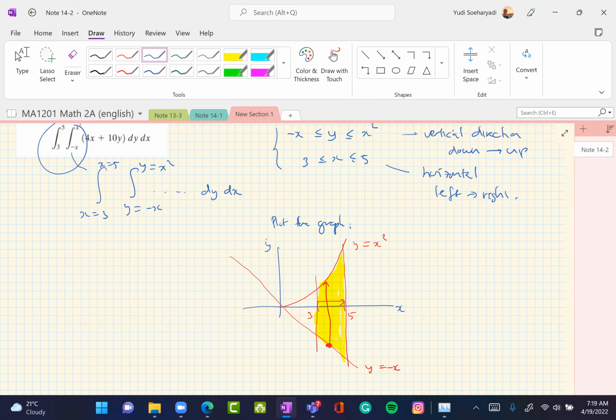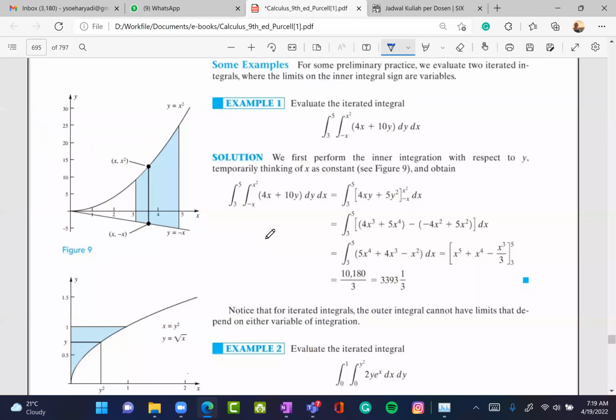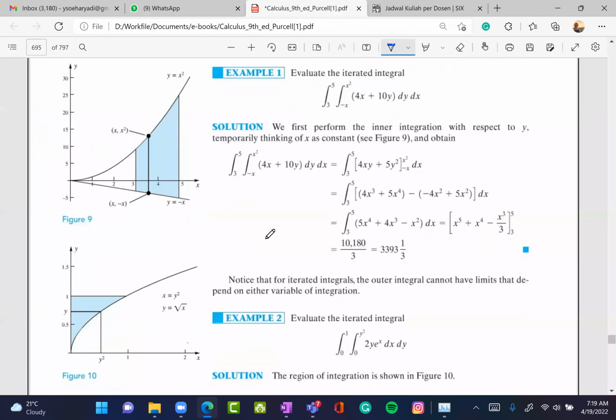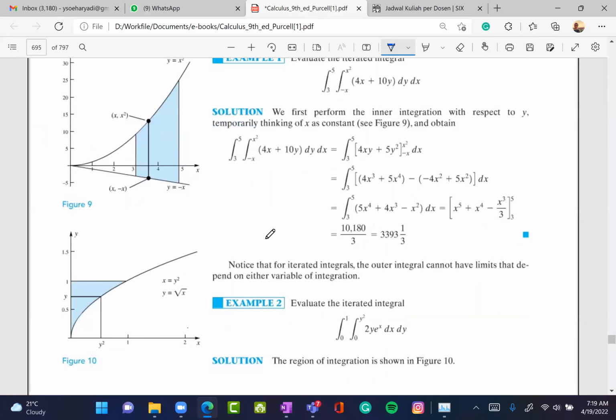Okay. Let's go for another example. All right. Let's do this one.